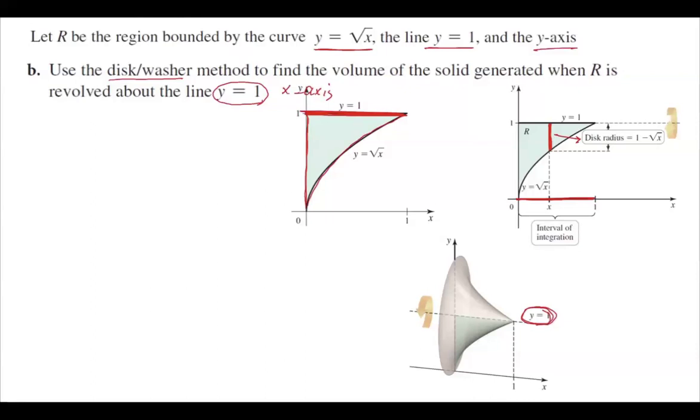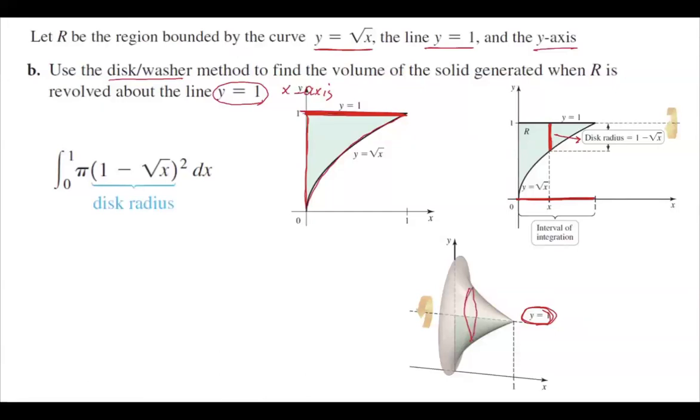So as you can see, it's not like a regular revolution about the x-axis or y-axis. It's above the x-axis, as you can see. The integral is pi times the radius to the second power, which is 1 minus square root of x squared, dx.